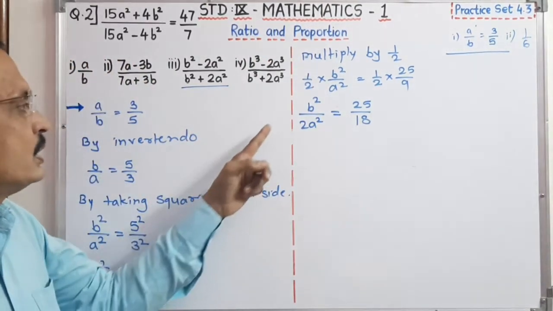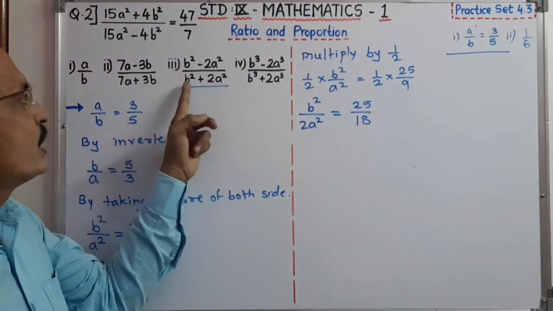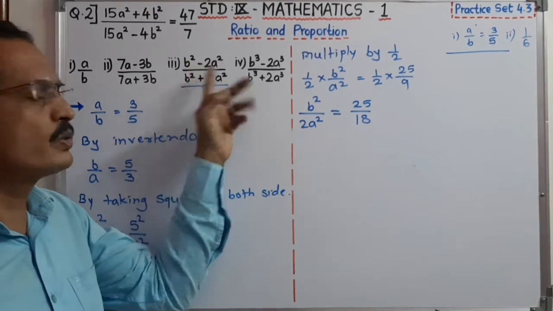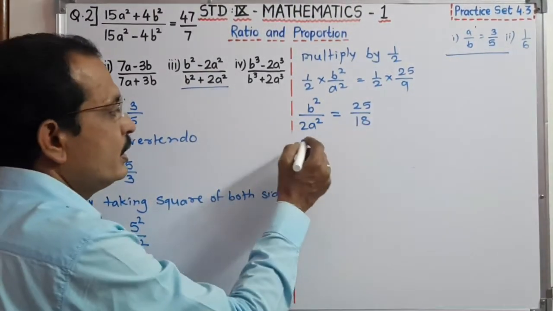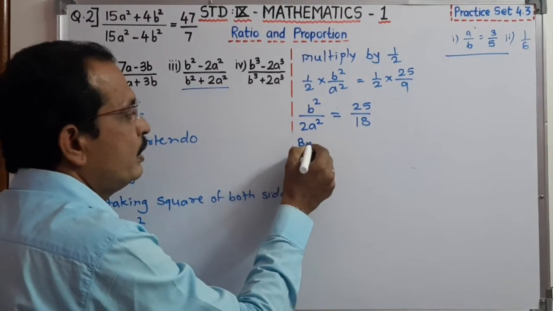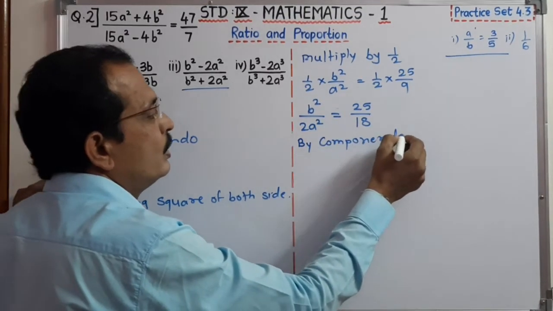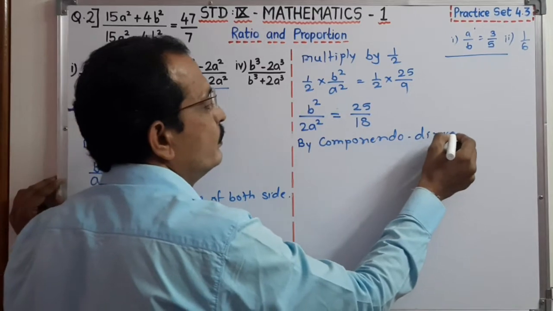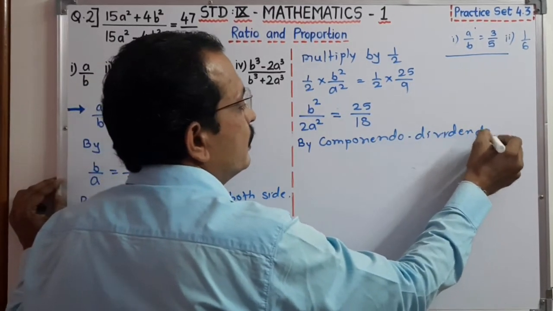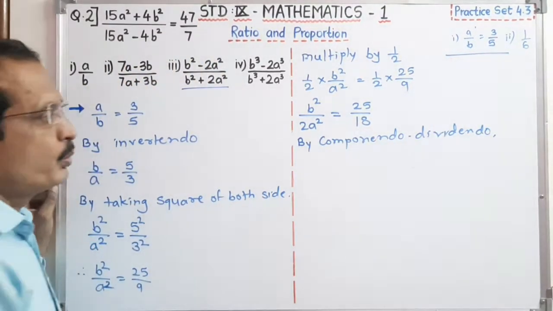Now, see, dear student, we required b square plus 2a square and b square minus 2a square. Therefore, here we have to apply componendo and dividendo on both the ratios.